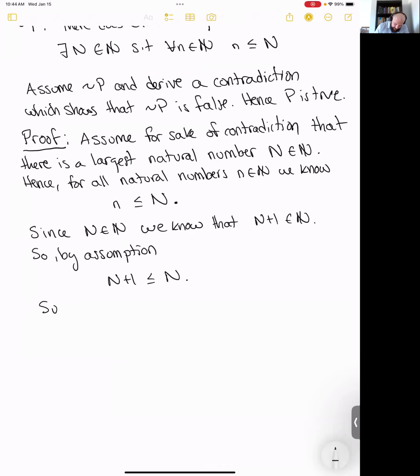And so subtracting n from both sides, we find that 1 is less than or equal to 0. And now this is a contradiction because we know by definition that that's not the case. So this is a contradiction.